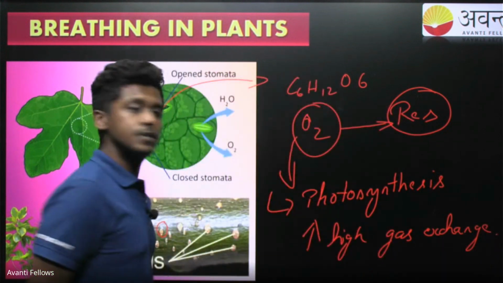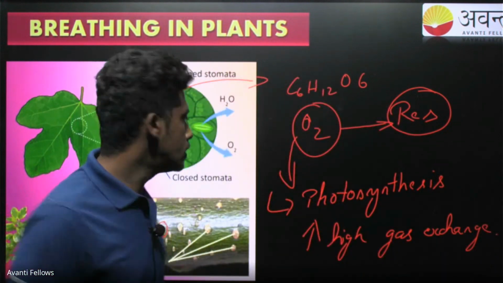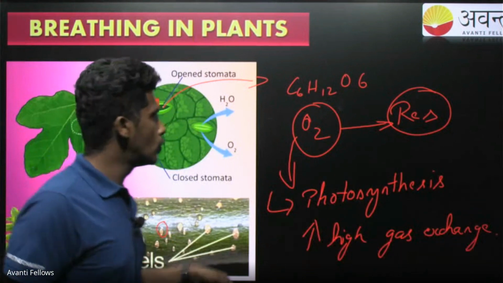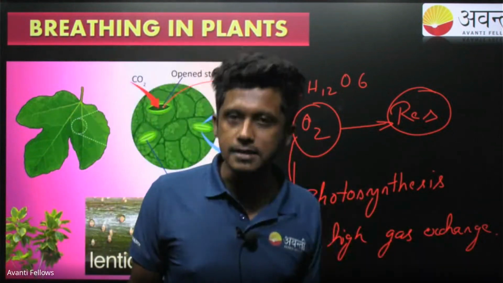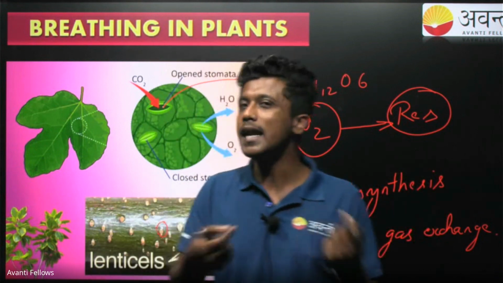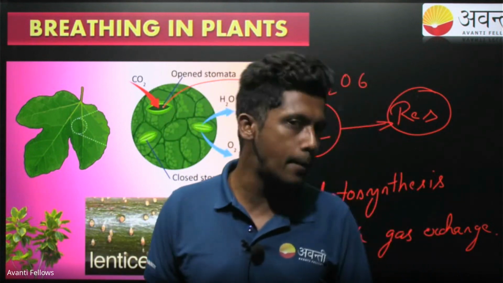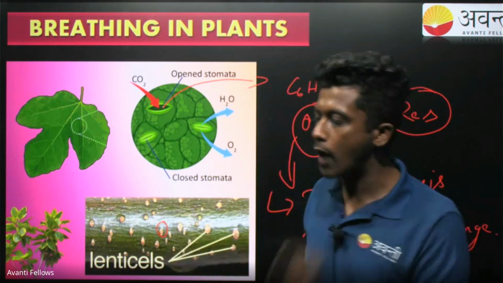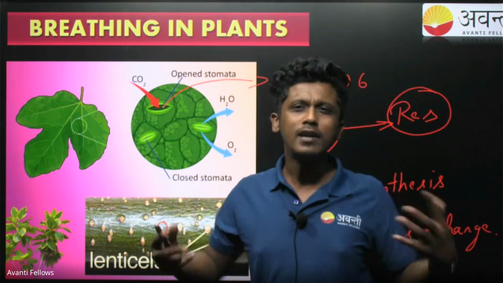At this point, the respiratory rate is also very high. During the non-photosynthetic period, the gas exchange is usually very low because the stomata get closed and they have to depend upon a very limited amount of gas exchange, and the energy production also drops during this process. What are we trying to talk about here?